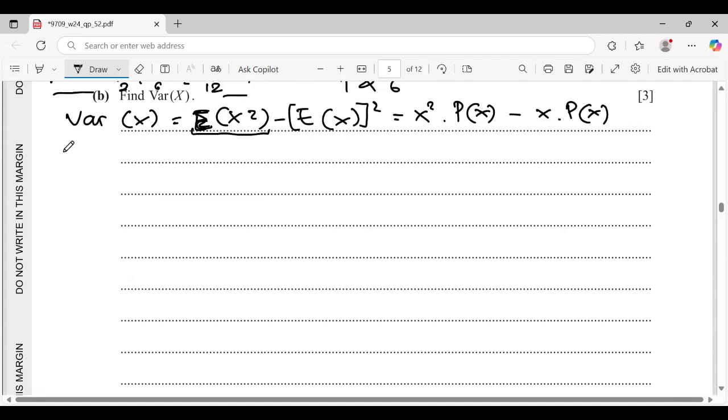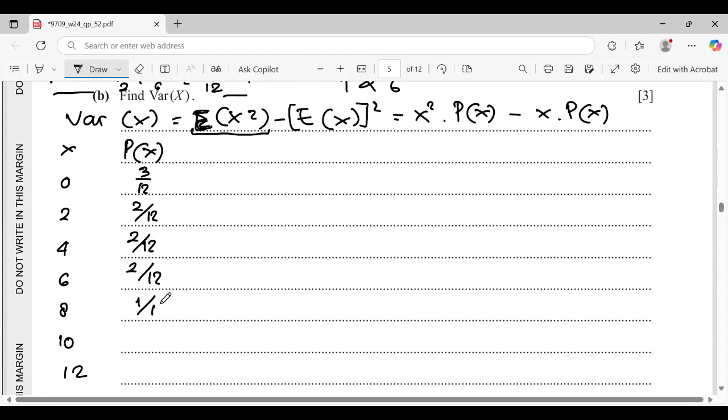So x is 0, 2, 4, 6, 8, 10, 12. The probability x based on part A: this is 3 over 12, 2 over 12 for 4, 2 over 12 for 6, 2 over 12 for 8, 1 over 12 for 10, and 1 over 12 for 12 also.